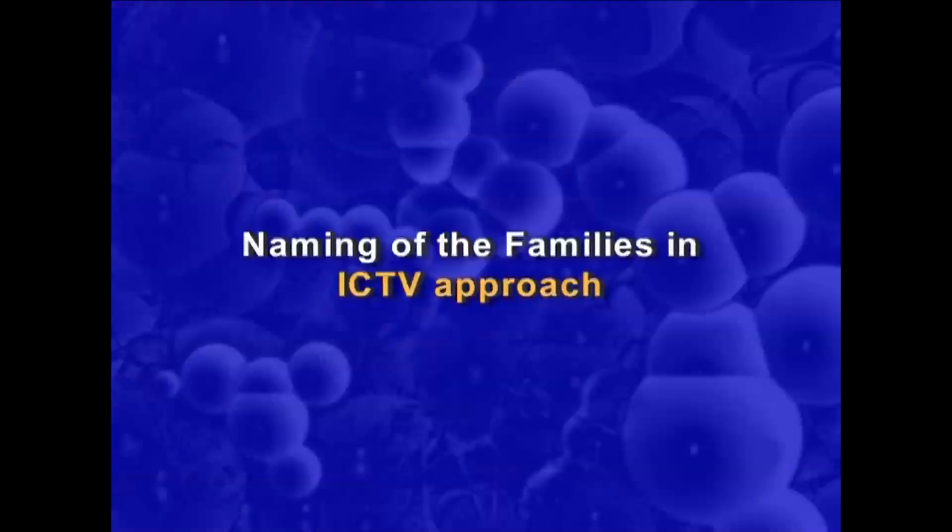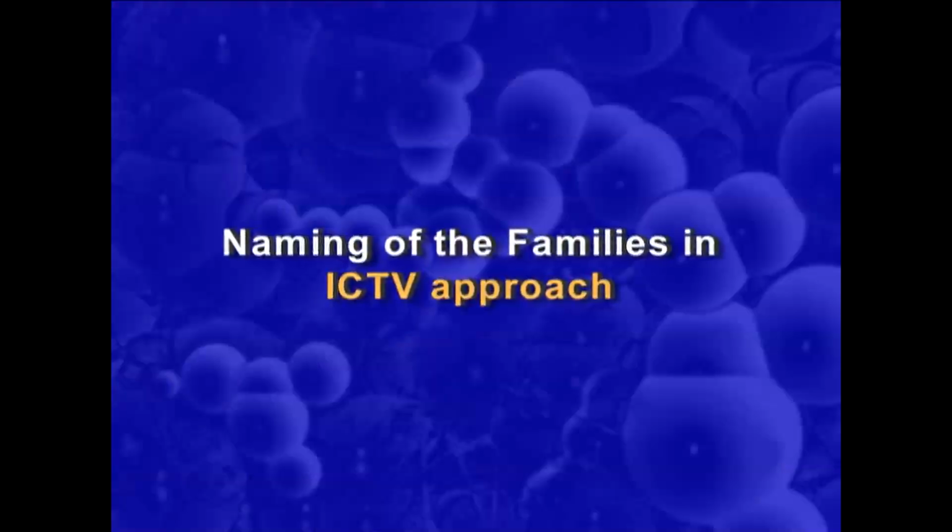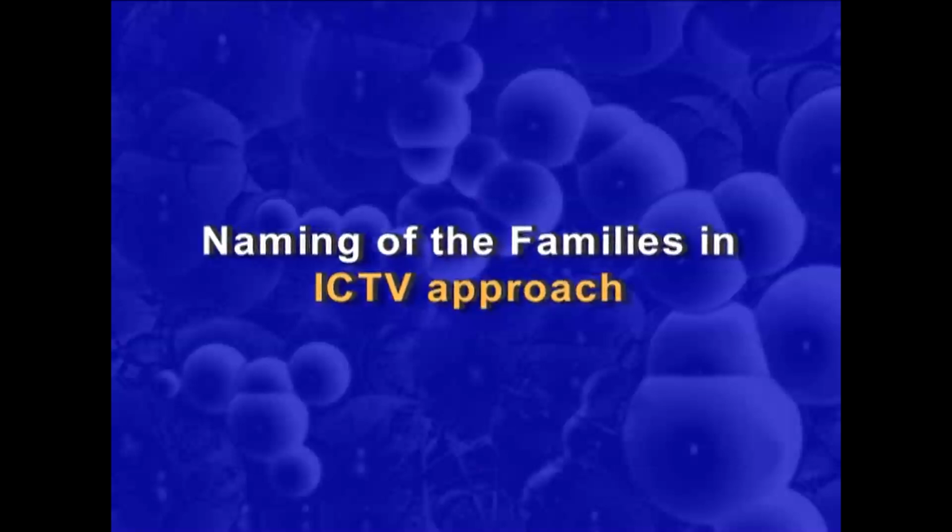So, this is all about the 6 orders that were clubbed together in the 2011 ICTV database. Next, we will discuss how the naming of the families is done in ICTV approach. So, basically for naming of the families, they have selected 4 different criteria.